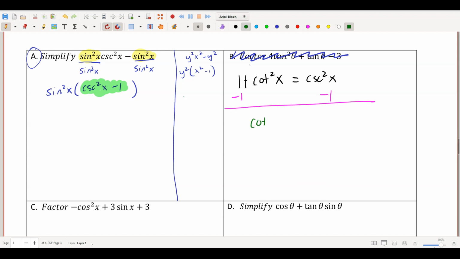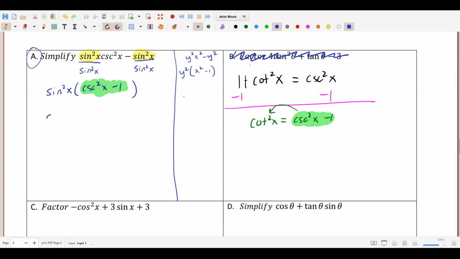Now I have cotangent squared x equals cosecant squared x minus 1. So I got my puzzle piece right here. There it is. And this is a good simplification because I'm going from an addition or subtraction to not an addition or subtraction. Cosecant squared minus 1 is equal to cotangent squared.